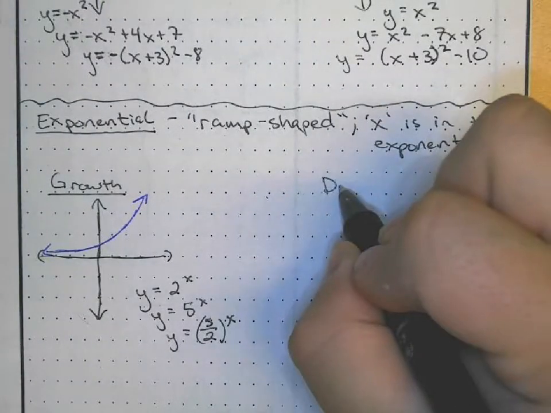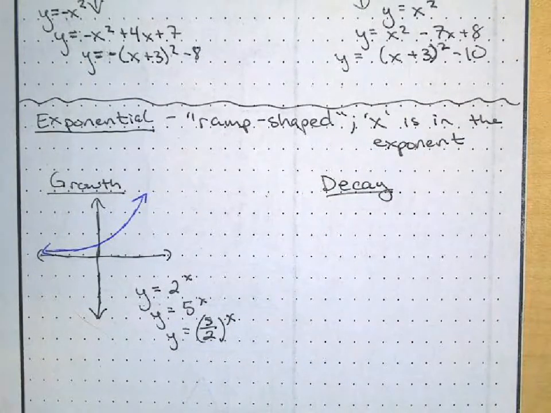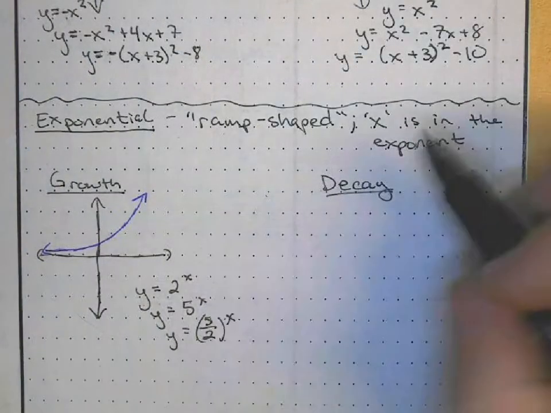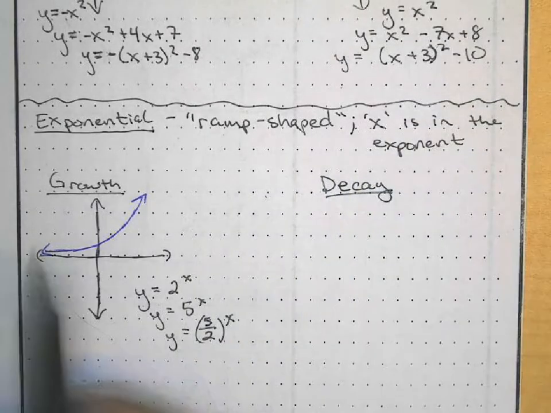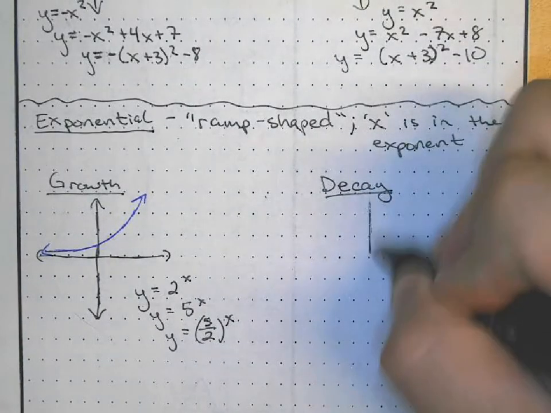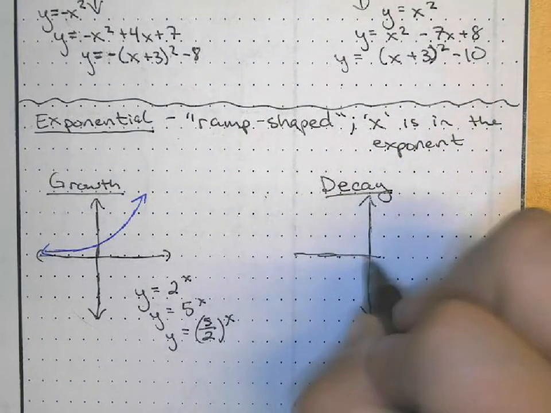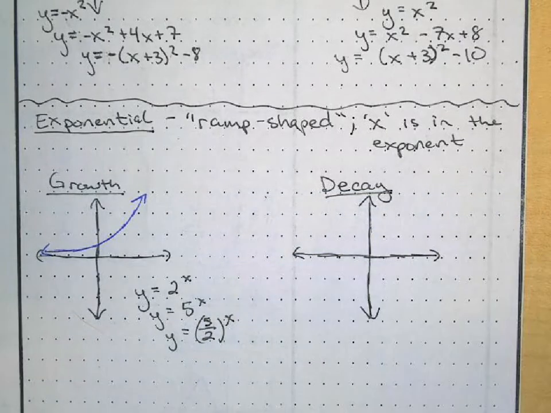The next one we'll look at is decay. In this one, it's the same kind of quarter pipe, but instead of increasing from left to right, we will be decreasing. But it'll look very similar.